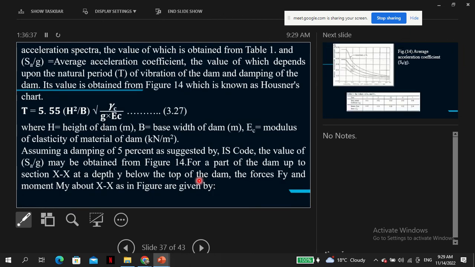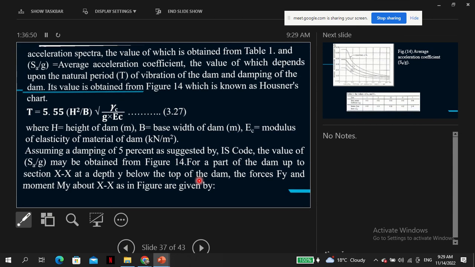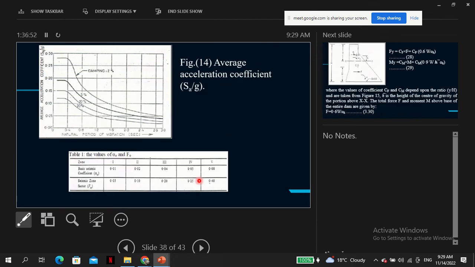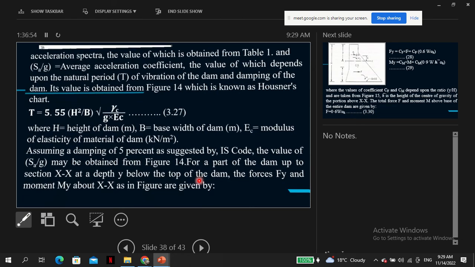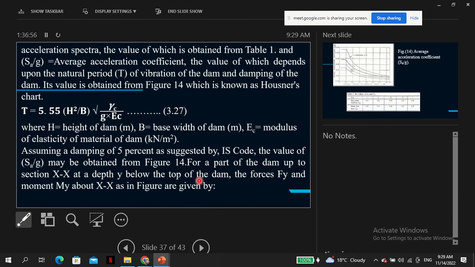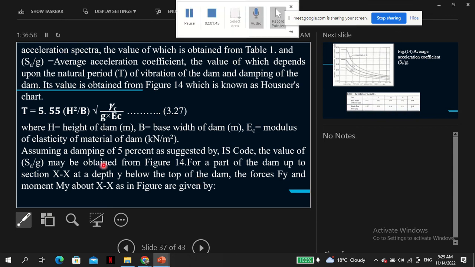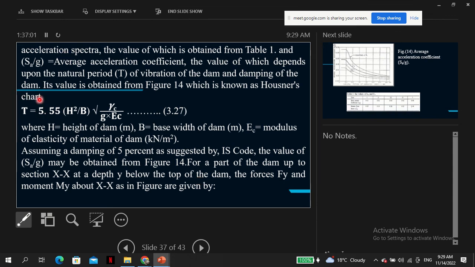Then Sa over g depends upon the natural frequency of vibration T of the dam and the damping of the dam. Its value is obtained from figure 14, which is known as Hosner's chart.